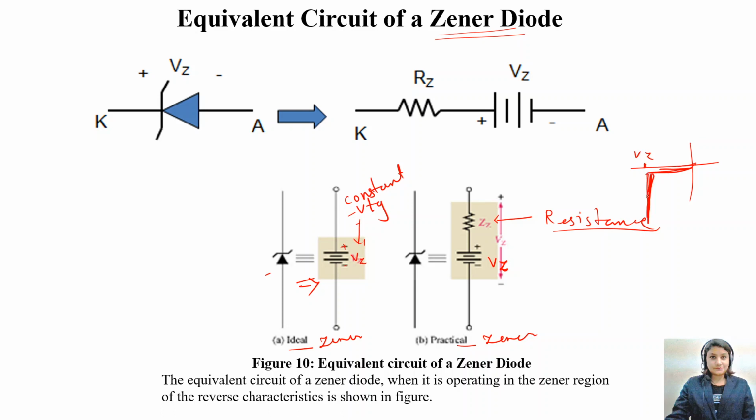The current is changing, which means there is some change in the resistance of the Zener, right? So for a practical Zener diode, we place a resistance along with its Zener voltage VZ.